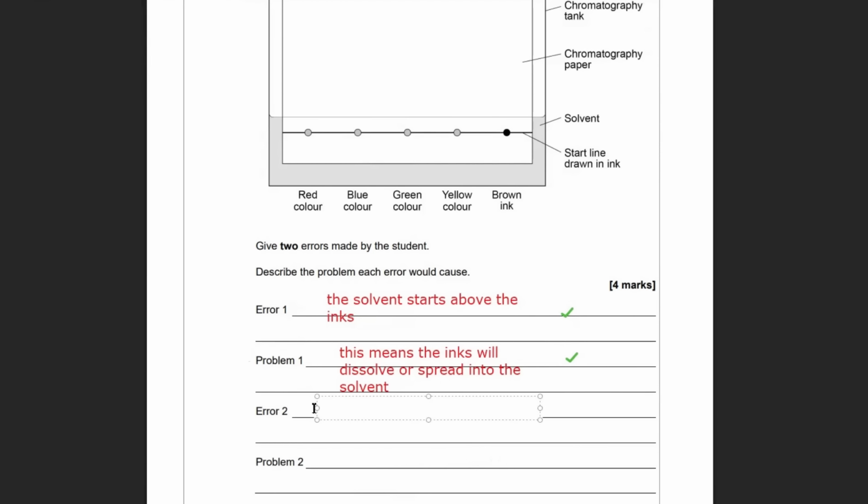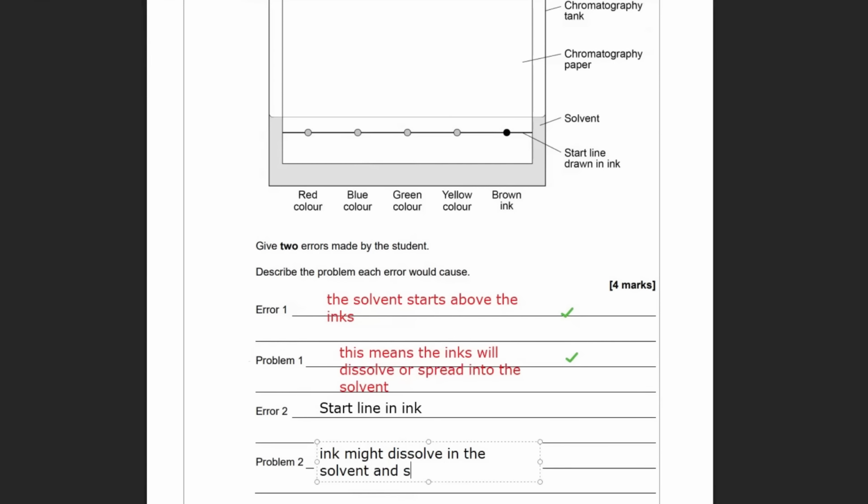In pencil. All right, so error number 2, start line in ink. Ink might dissolve in the solvent and spread, ruining the results.